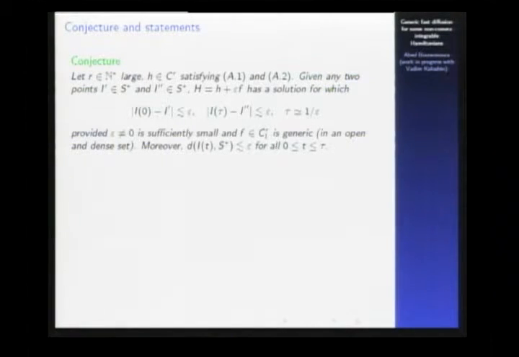Consider F of norm 1, so that the size of the perturbation is actually epsilon. F is generic, and in this case you can hope for an open and dense set, for example. I will give this statement instead. And moreover, the orbit shadows this segment for all time.